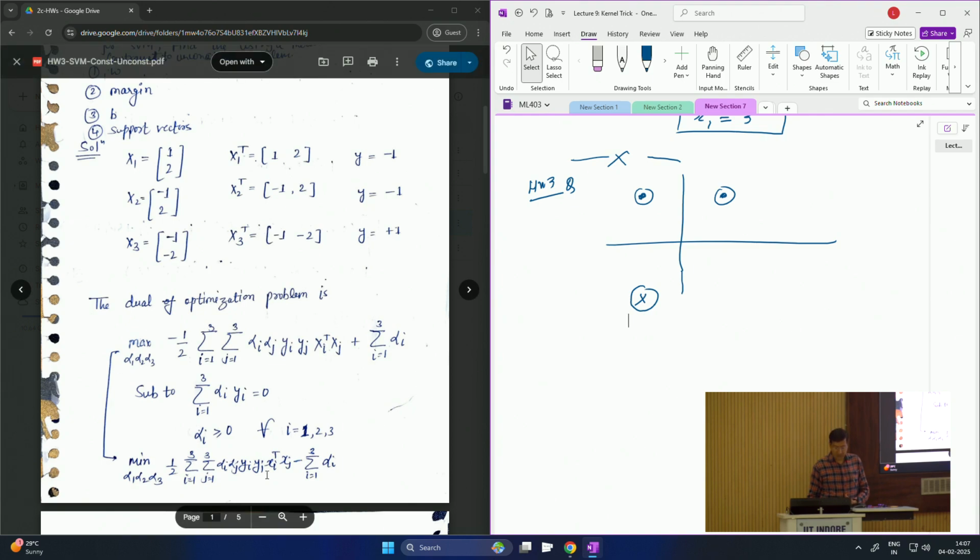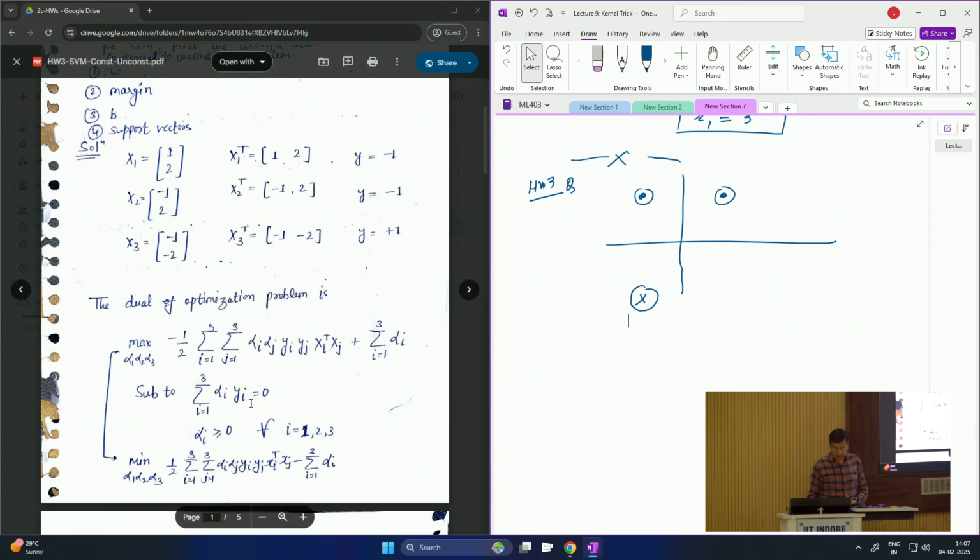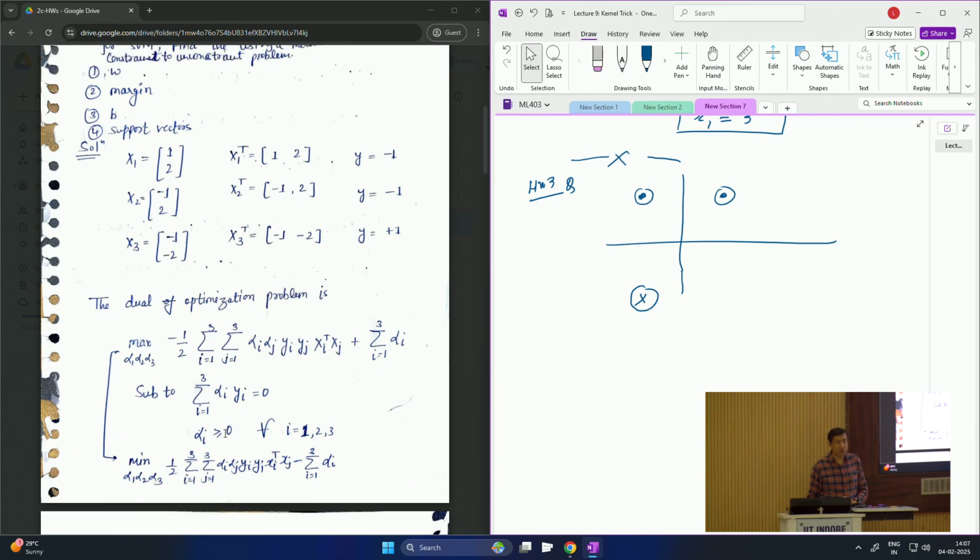Now you should remember it. It is the summation of alpha j y j x i transpose x j plus the summation of alpha i, with alpha greater than 0. If there was a soft margin, then you would be given a C, which you would play around with as a hyperparameter, and that will be an upper bound on alpha. Zero will be the lower bound to the alpha. Okay? So that is given to you.